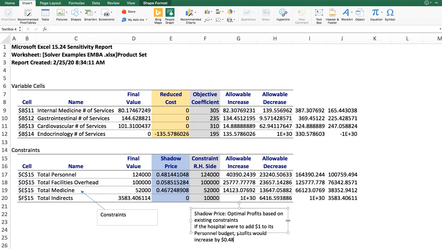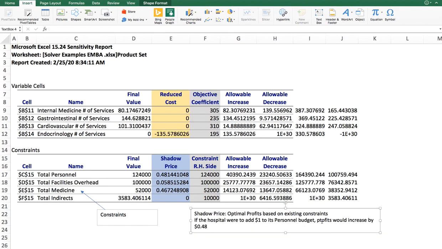So you're going to make 48 cents in profits every time you add $1 more, which basically means the ROI on personnel budget increases is equal to 48%. If you increase it by $1, your profit increases by 48 cents.